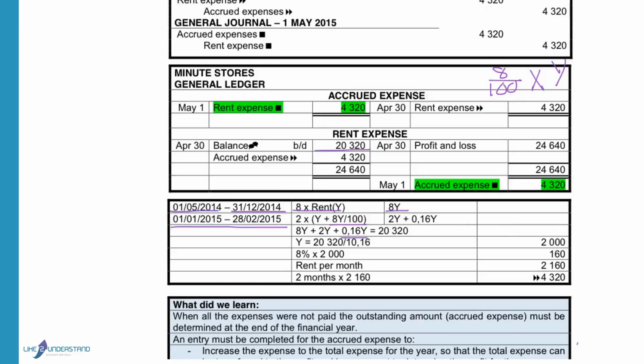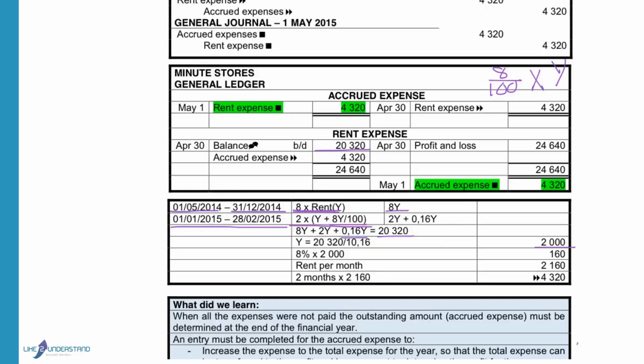So the amount that we paid, the 20,320, was for the first 8 months at Y amount, and for 2 months at Y plus 8%. So if we divide that, we see that Y equals 2,000. Now remember, Y is before the increase.